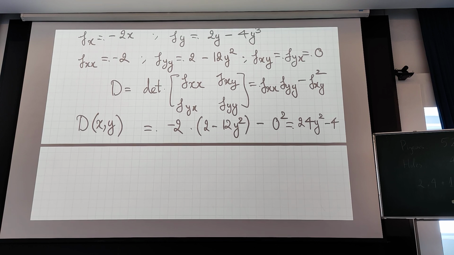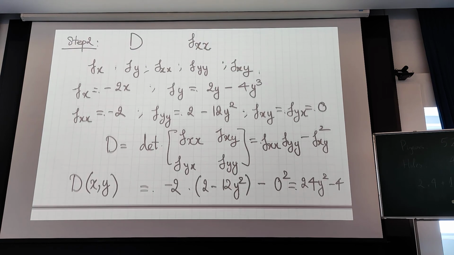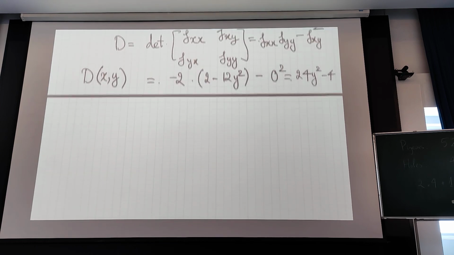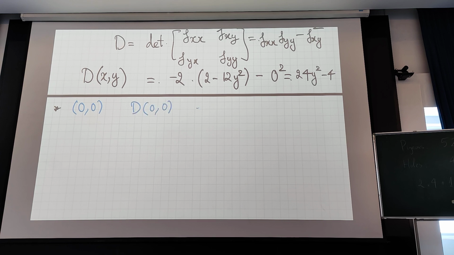So now let's consider these stationary points one by one using the second order derivative test. We consider the first point, (0, 0). We need to check the sign of the discriminant and the second order derivative with respect to x at (0, 0), right?